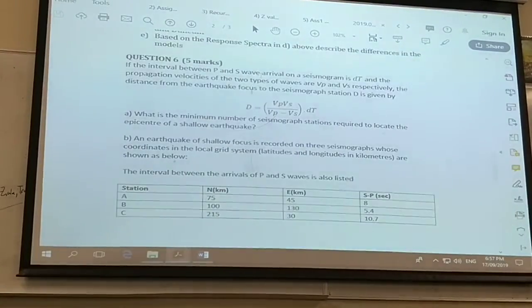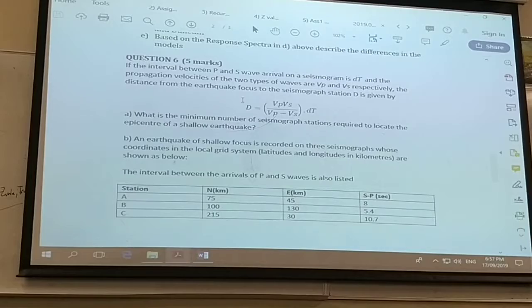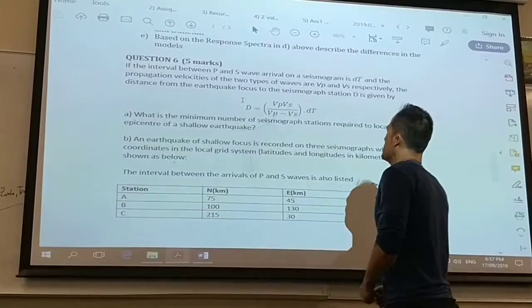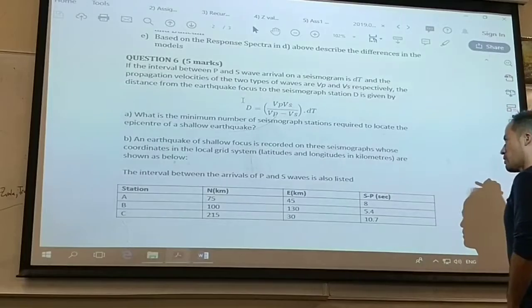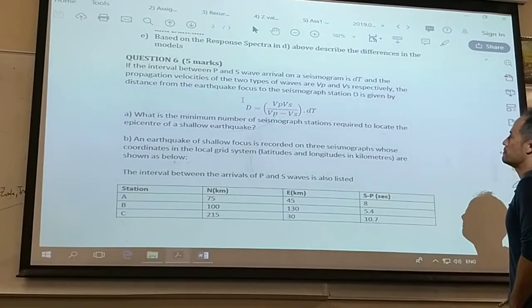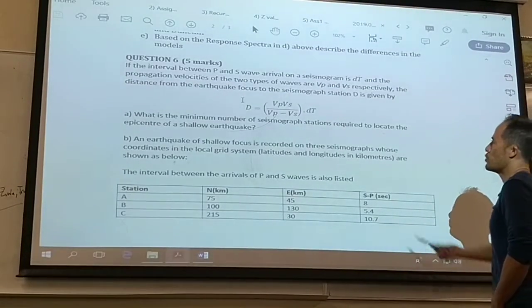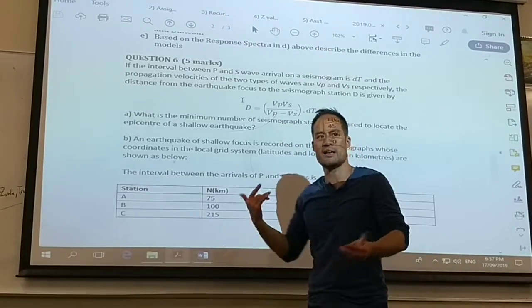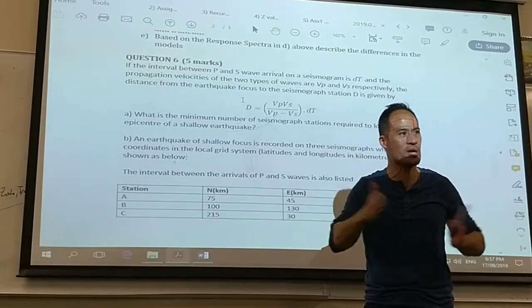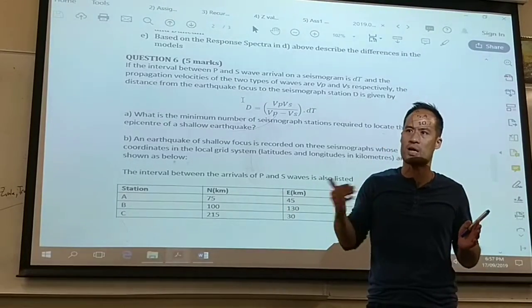And then the last question is a very simple question in terms of estimating. We talked about triangulation. If you've got the relationship between the P wave and the S wave, remember that when an event occurs, the P wave's the faster wave, so that arrives at the surface of the ground first.